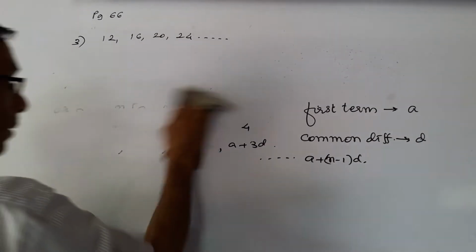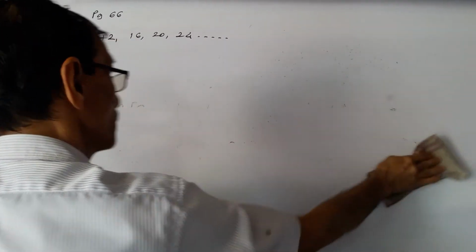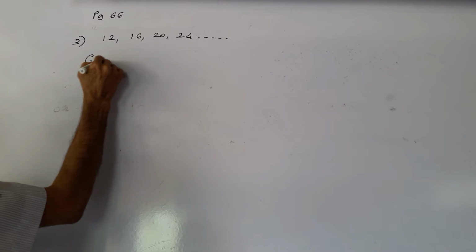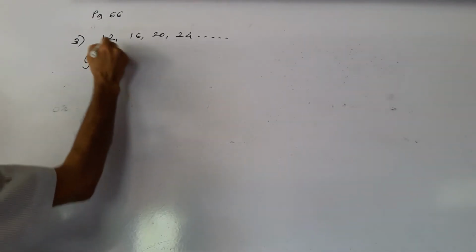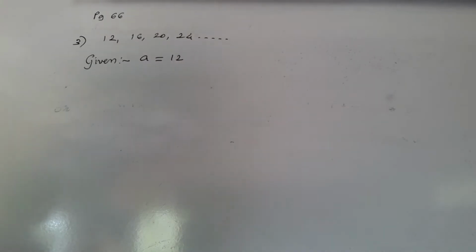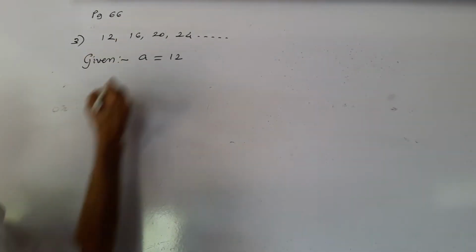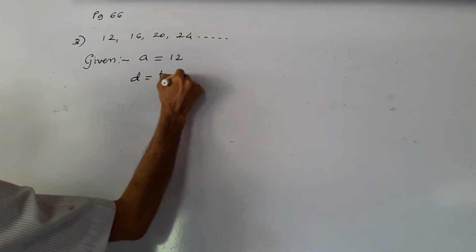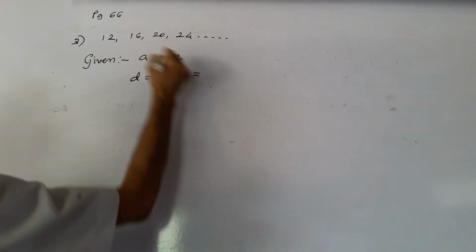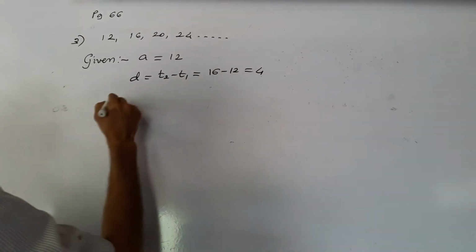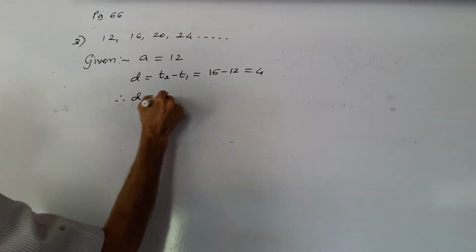This is the progression given. Now see, we have to find the first term and common difference. The first term is A, so given, you have to write there, A is 12. Now the difference D is equal to T2 minus T1, where T1 is the first term. So the second term is 16 minus 12, which equals 4, and therefore D is equal to 4.